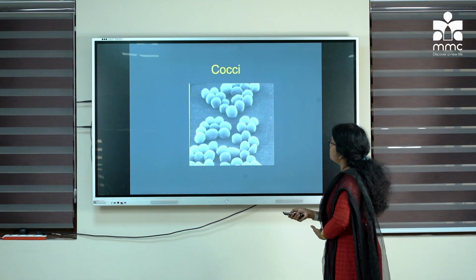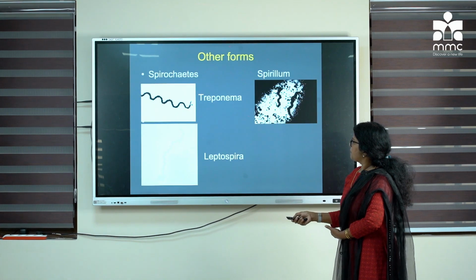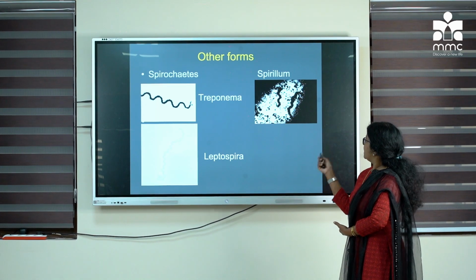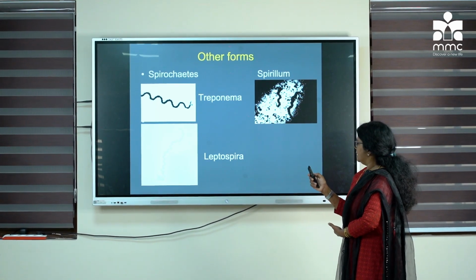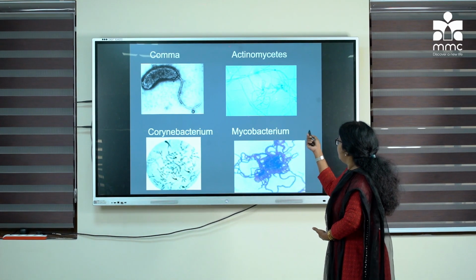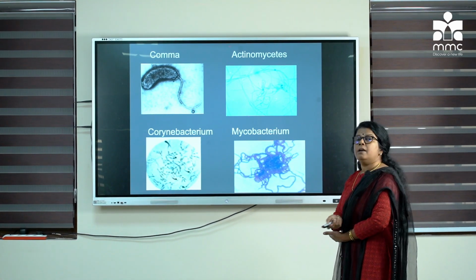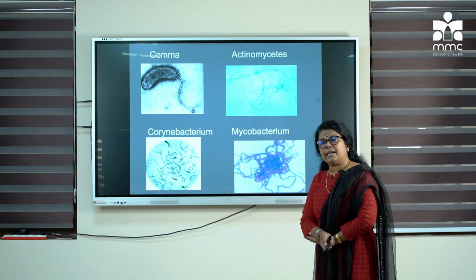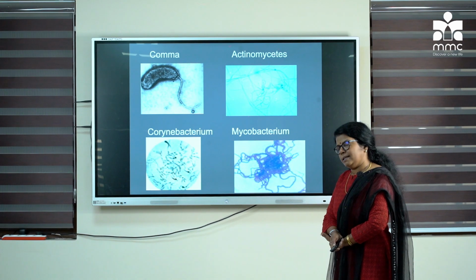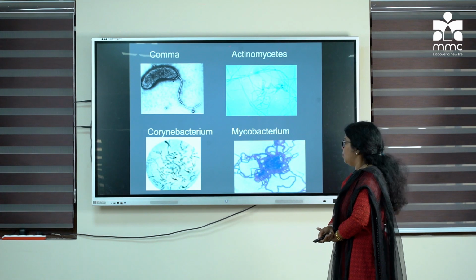Spirochetes, namely Treponema, Leptospira and Spirillum, are examples of spiral bacteria. Then Vibrio cholerae is comma-shaped, actinomyces are long filamentous ones, and Mycobacterium is the causative agent of important diseases like tuberculosis and leprosy. They are also long and lengthy, just like fungus. That is how they got the name Mycobacterium.